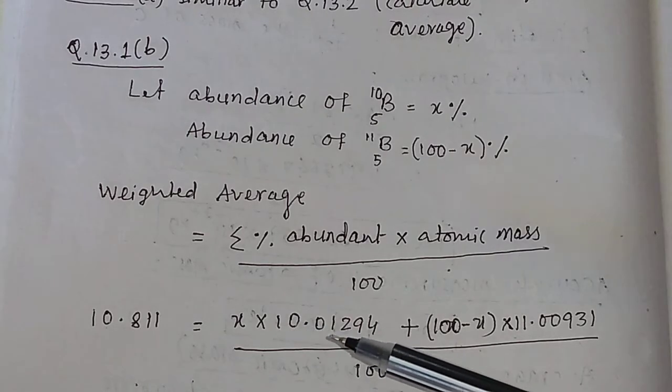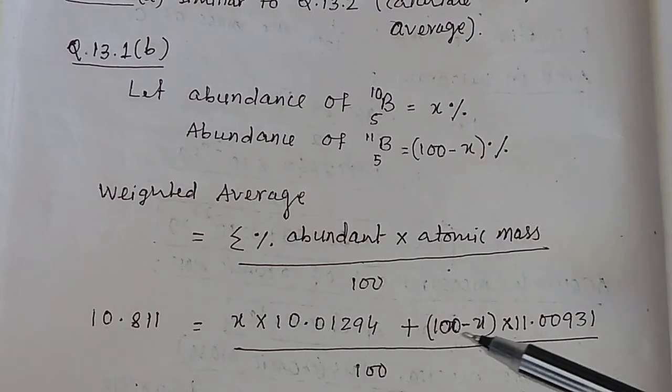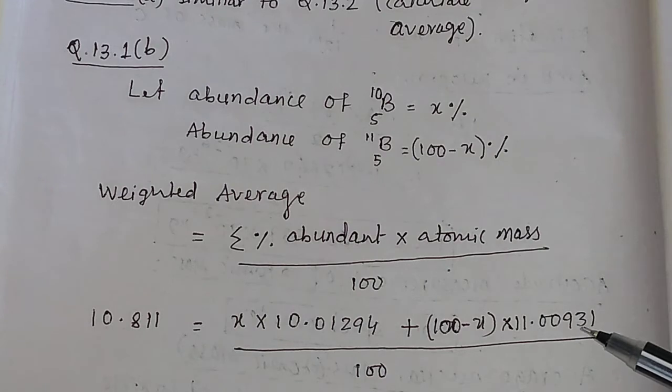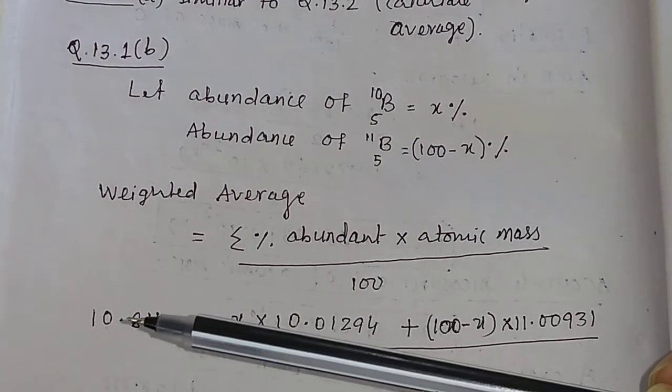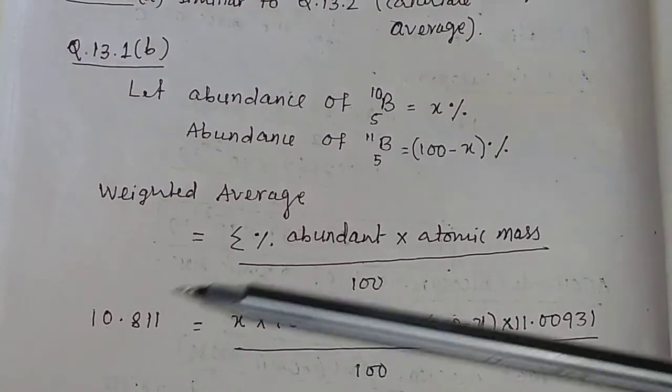So X into 10.01294 plus (100 minus X) into 11.00931, divided by 100, and the average atomic mass is given.